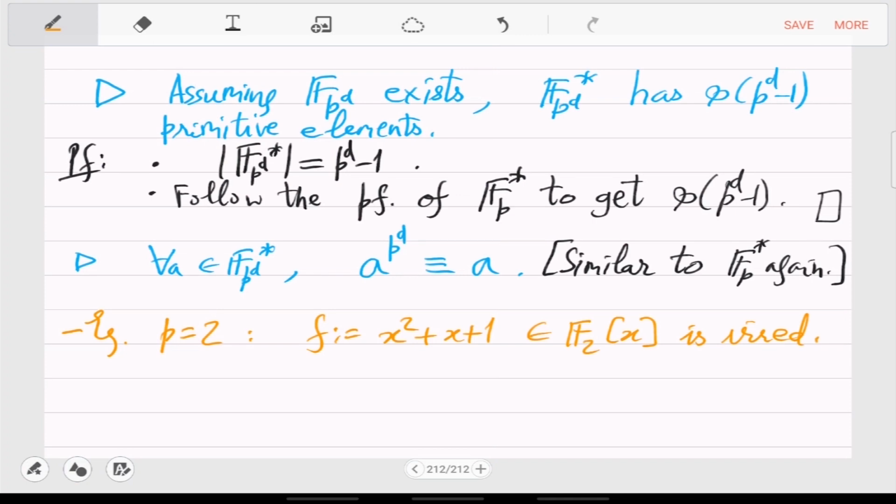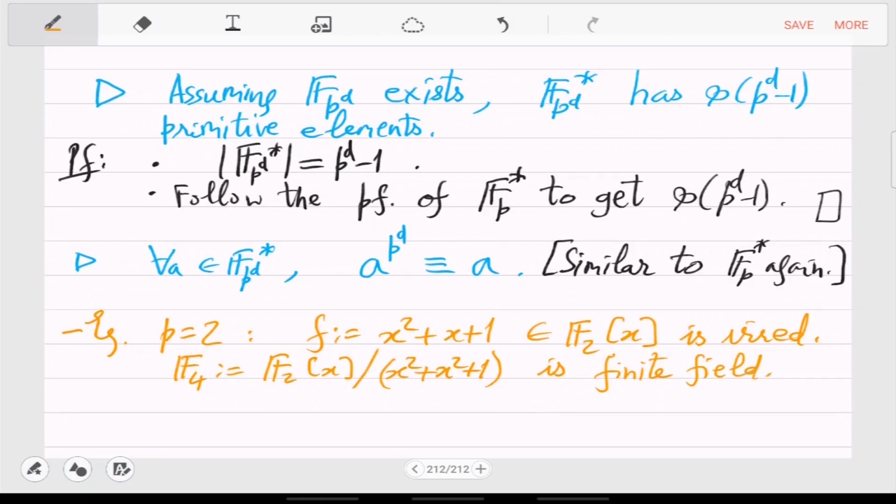Since it is irreducible, now you have F4, which is F2[x] mod x square plus x plus 1. So this is your first interesting finite field. It goes above the prime field.